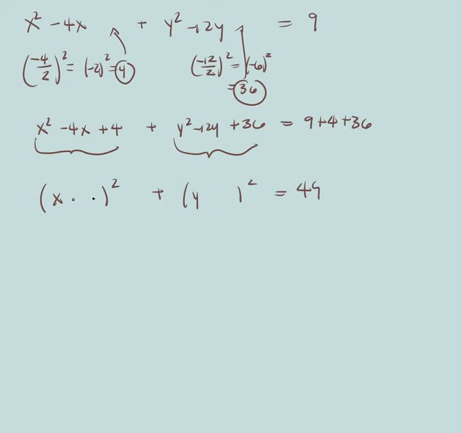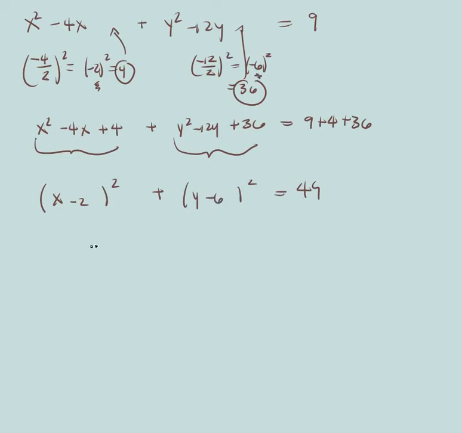And here's the thing: which number goes here? Look at what we're doing. We're taking this equation of a circle, which is in the general form, and converting it into the standard form of the equation of a circle, which is easier to graph because you will know the center and the radius. In this case, the number that goes here is this fellow here, negative 2, and the one that goes here is this fellow here, negative 6.